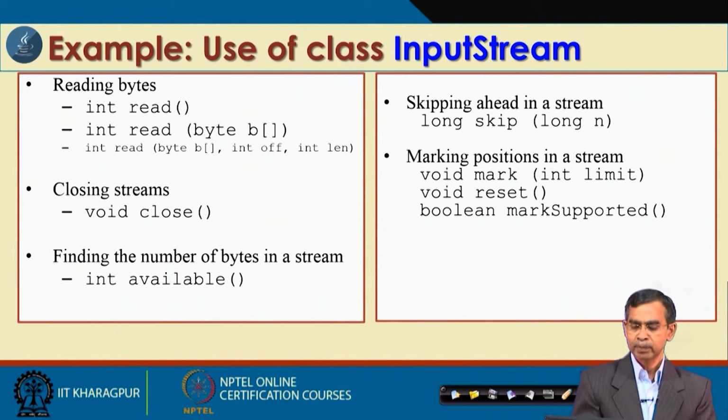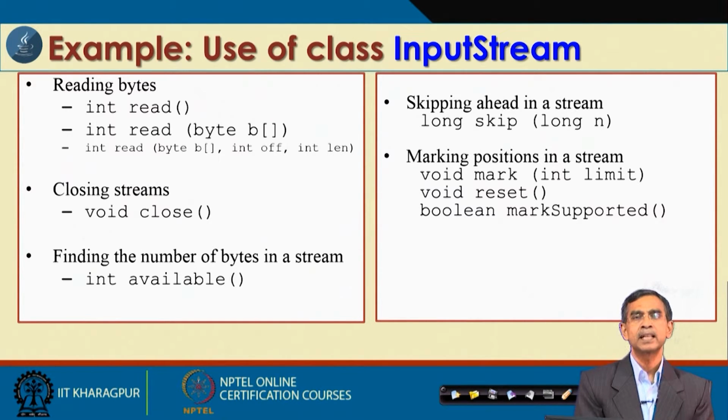These are a few methods which we will learn while we have a more detailed discussion on it. For example, long skip, the parameter is a long integer, and it will skip to some location depending on the parameter value passed.